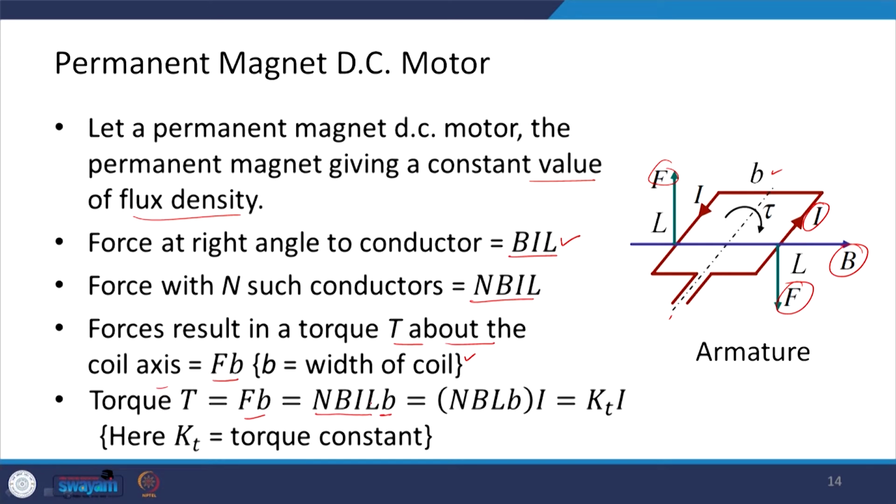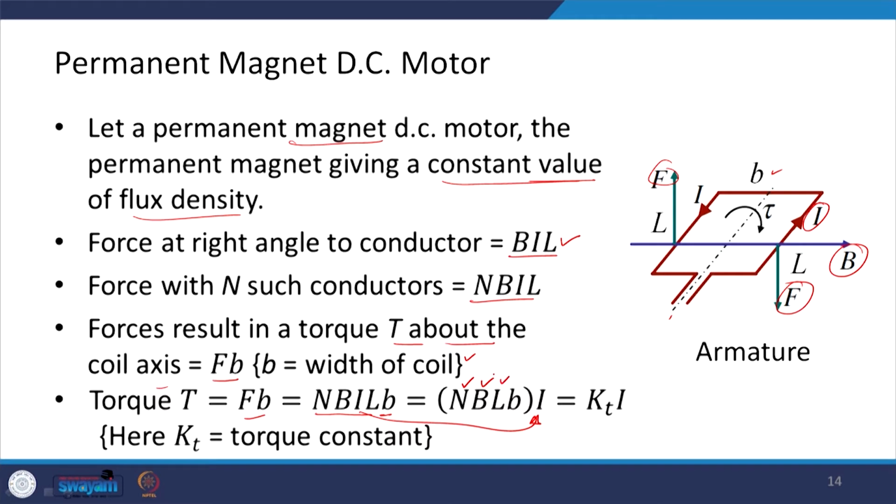Now, here I separate this I. So, I have this constant. What is constant over here? n is the number of turns, it is constant. B is the field strength. We have already assumed that the permanent magnet gives a constant value of flux density, so you have a constant field strength.